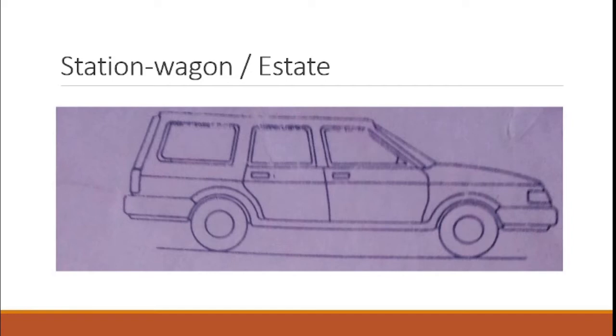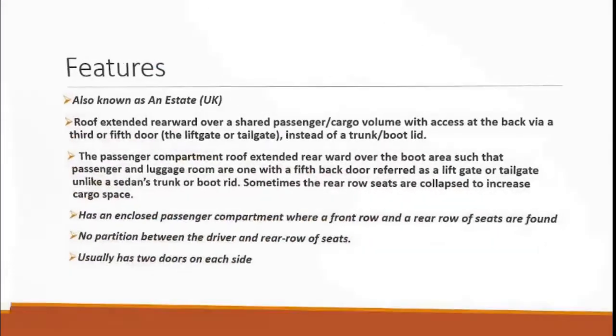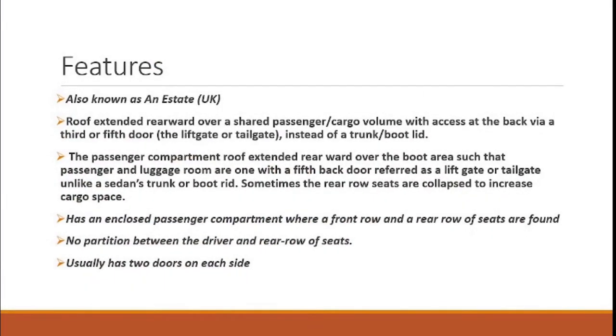Sometimes we even collapse the rear seats so that we increase the luggage room. All right. You still have two doors on both sides, and you have a bonnet where you have the engine compartment. So these are the features.